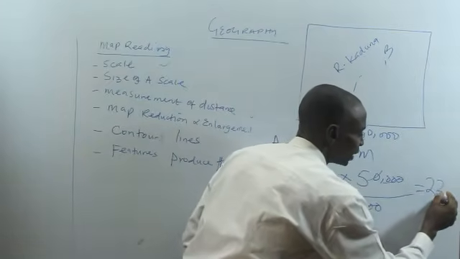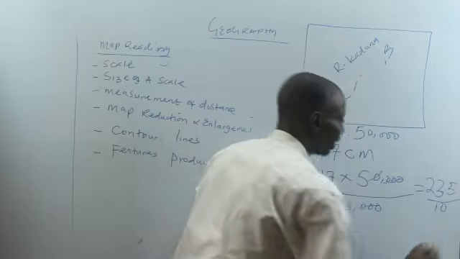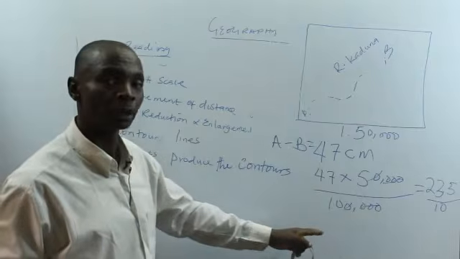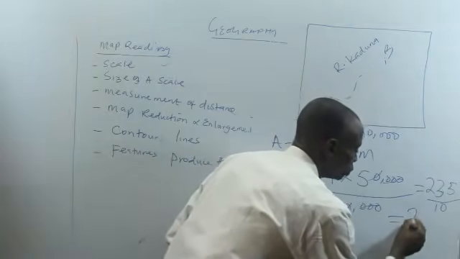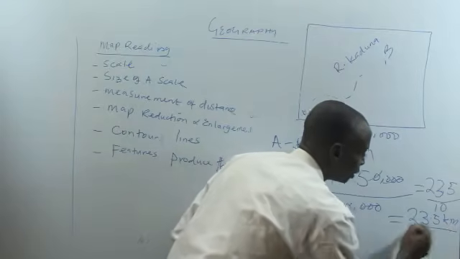Good. Over what? Over 10. Divide it by what? By 10. So you have 23.5. The answer is what? 23.5 kilometers. Can you see?